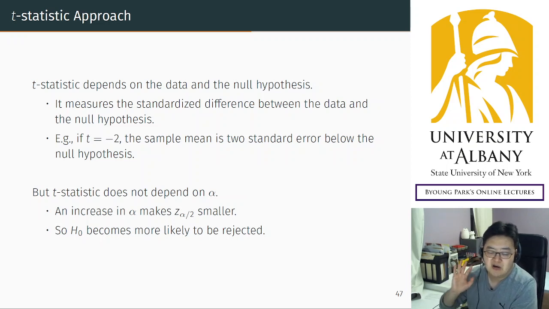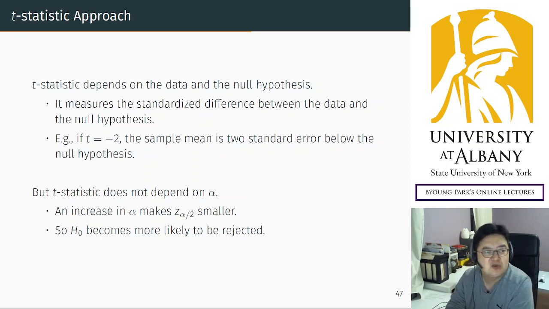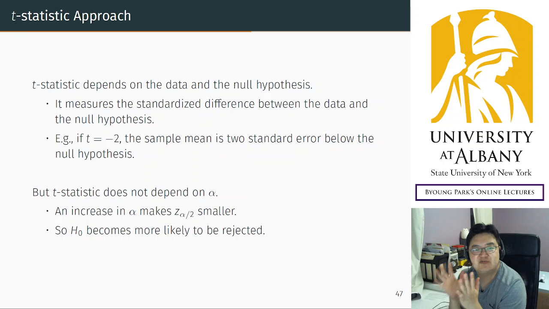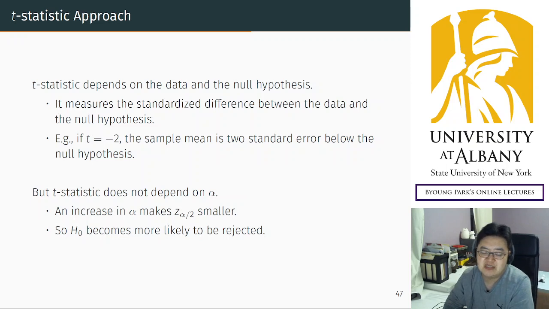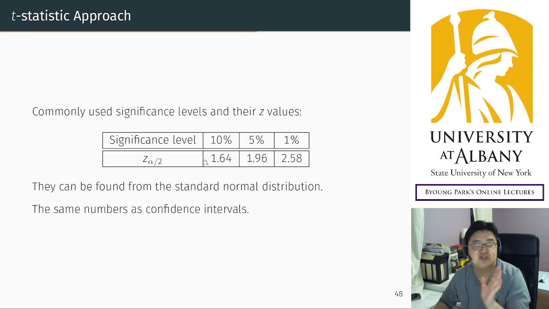So almost all the time a test result comes with T-statistic and p-value at the same time. So these two are the most basic ways to present the test result. Okay, before finishing the lecture, I'm going to explain the common thresholds, cutoff levels.